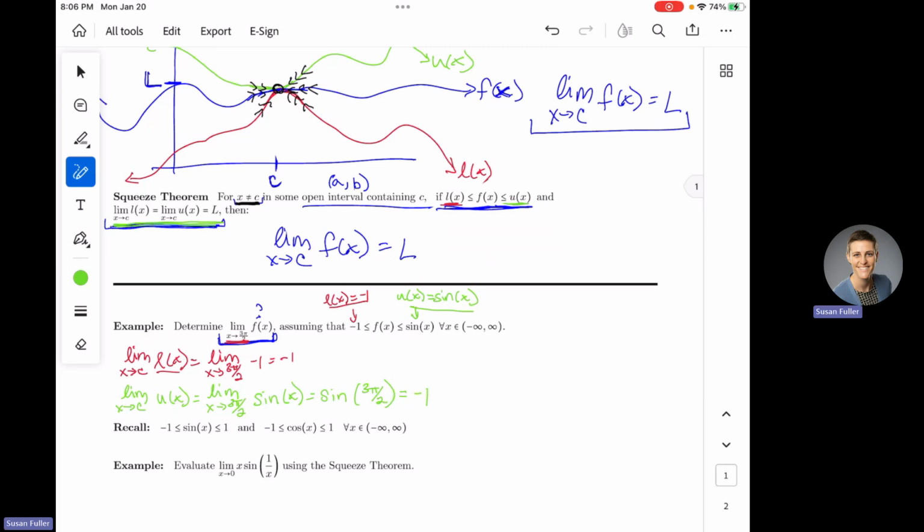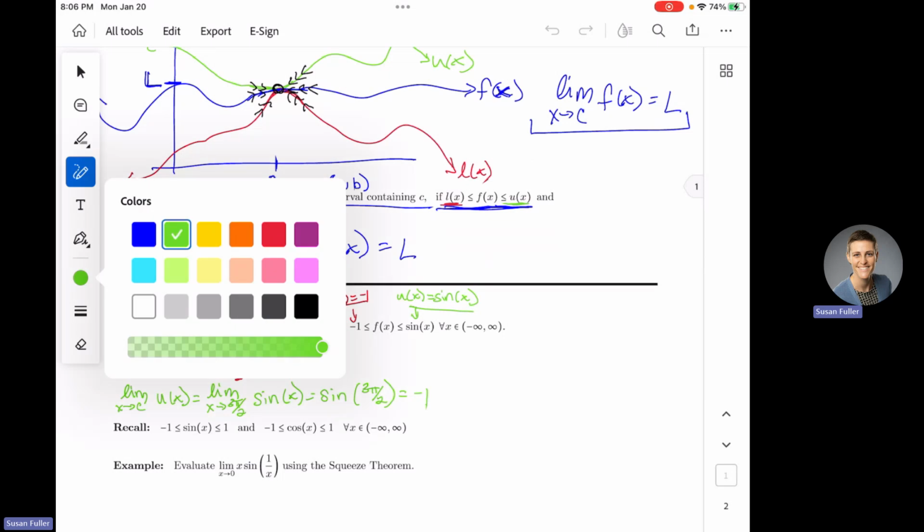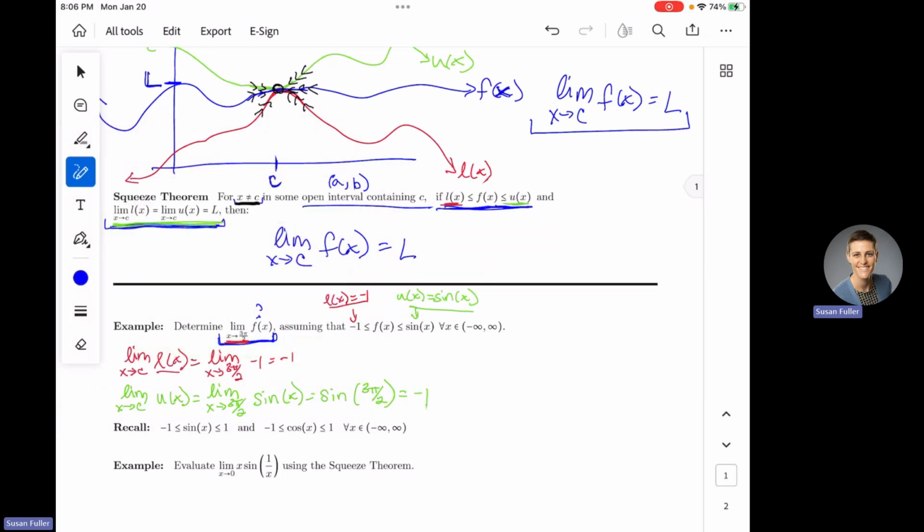And notice the limit as x approaches c of your lower function is equal to the limit as x approaches c of your upper function. Because these two are the same, this is going to squeeze my middle function, and I know that the limit as x approaches 3 pi over 2 of my function f of x also has to be -1.